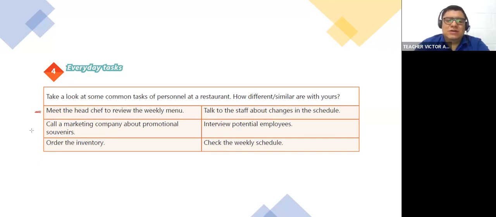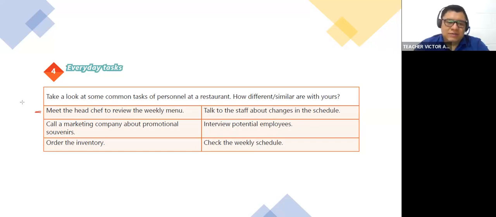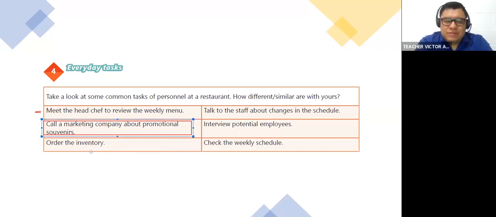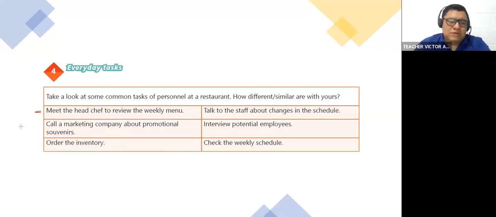That's the first one. What about the second one? Can you help me with the next one, Raquel? Call a marketing company about promotional souvenirs. Yes, that's correct. Souvenirs. That's right.